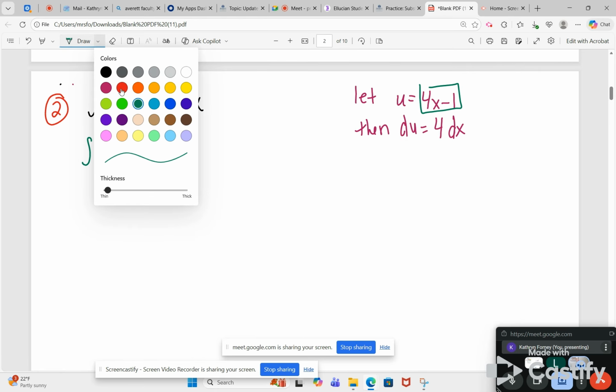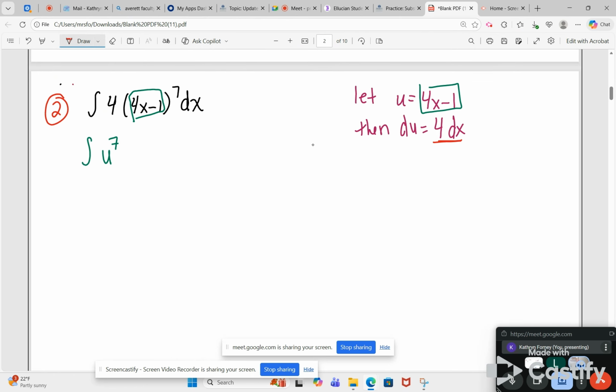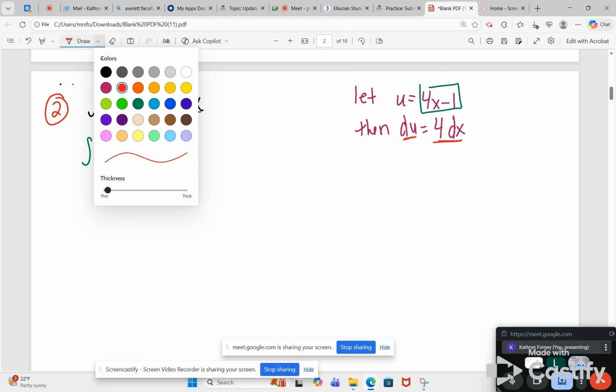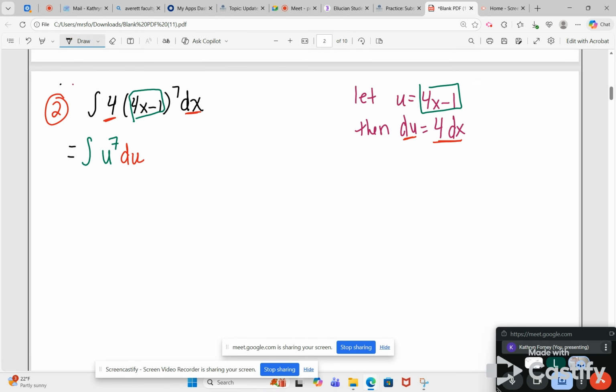And then 4 dx is this part. And that is the same thing as du. So all I did at this point was rewrite the problem using u instead of x.